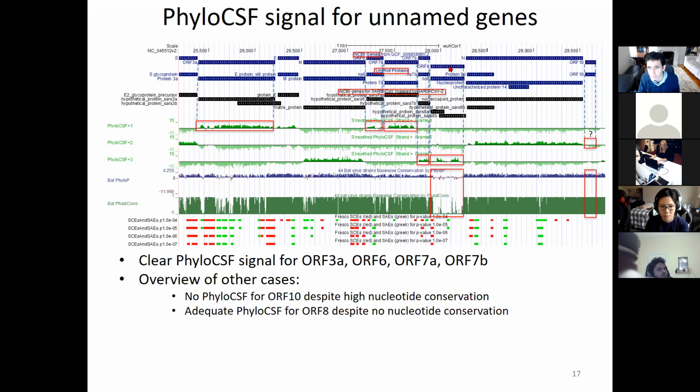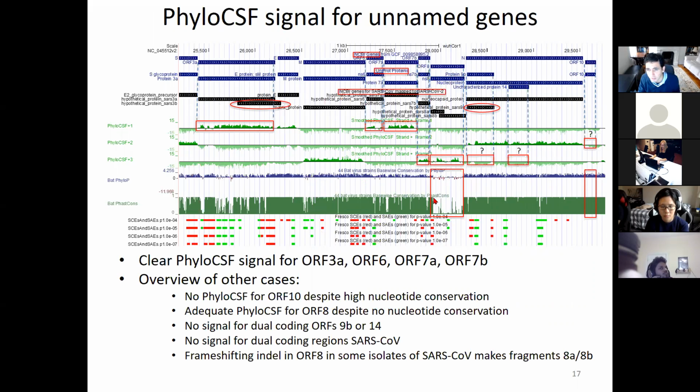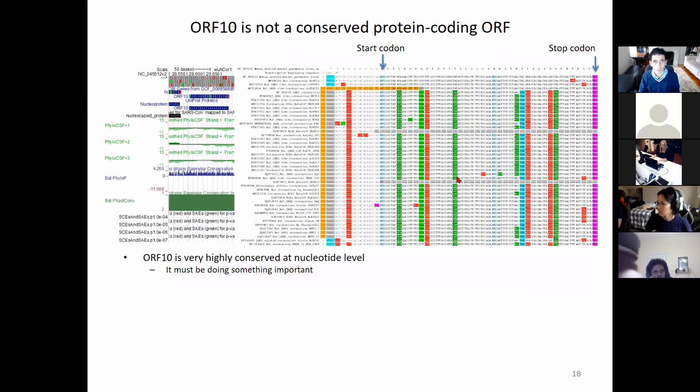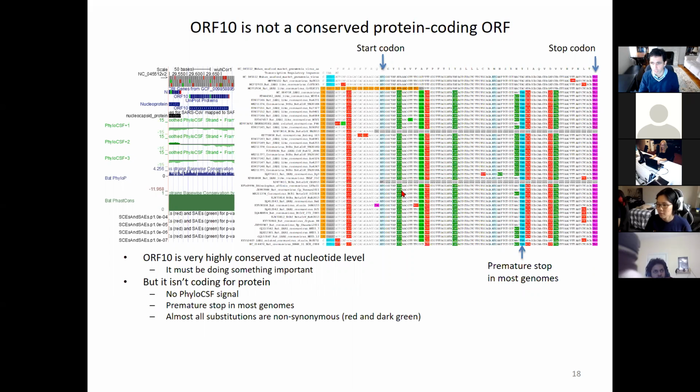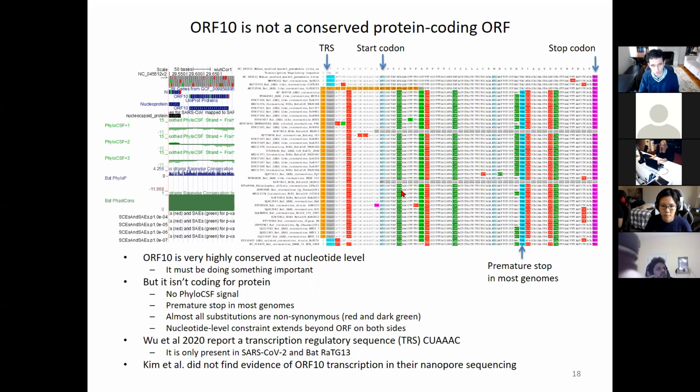You can also see this other protein here, which is protein 8, is in fact also super fast evolving at the nucleotide level, but very clearly conserved at the protein coding level. So you can use this to basically now revise the annotation of the SARS-CoV-2 genome.